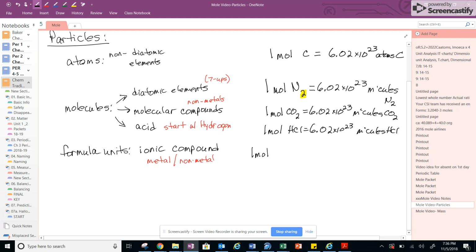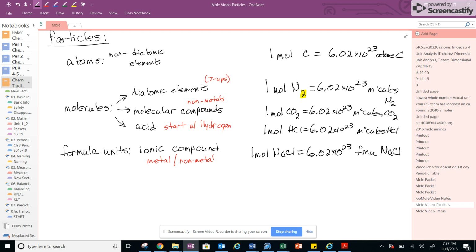So if I have 1 mole of NaCl, I have 6.02 times 10 to the 23rd. Doesn't matter what I have. If I have a mole of it, it's 6.02 times 10 to the 23rd. And what I'm going to do is call a formula unit an FMU, just as an abbreviation. Please, whatever you do, do not shorten that any more than that.